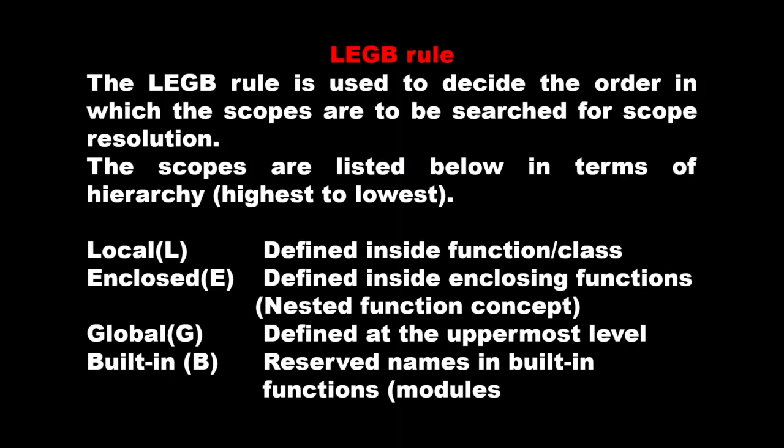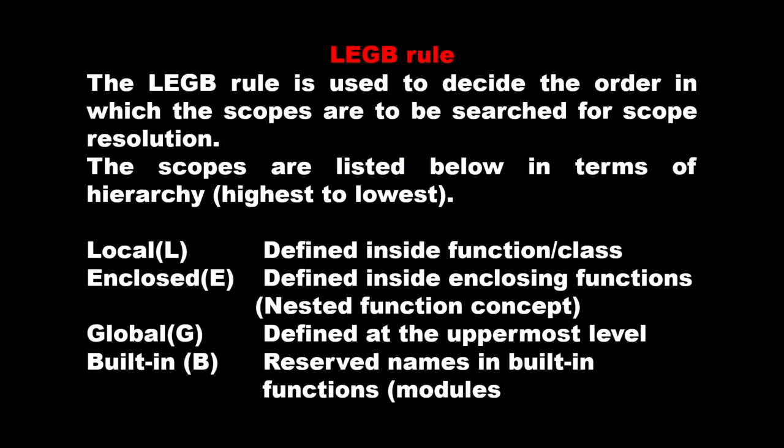Local scope is defined within a function or class. A local scope variable will be defined within a function or a class. Enclosed scope will be defined inside the enclosing functions, that is, nested functions. Global scope is defined at the top of all the functions. Before we start writing any other function, a global scope variable will be defined.